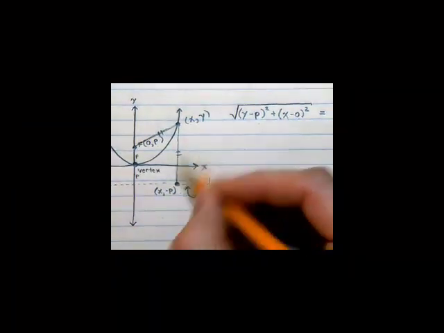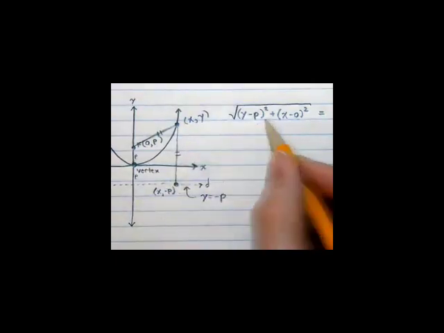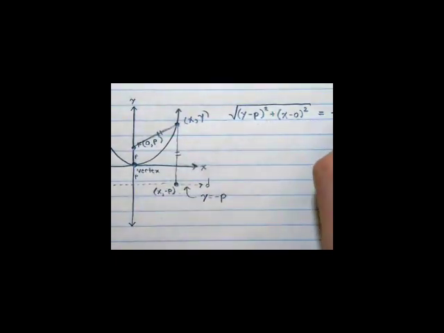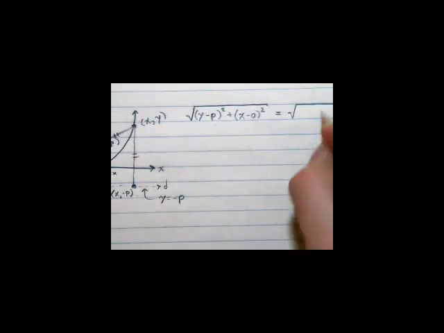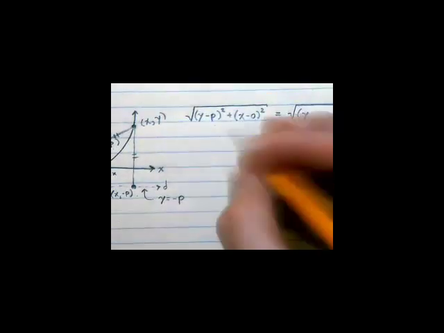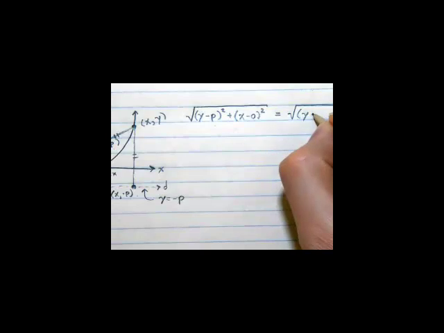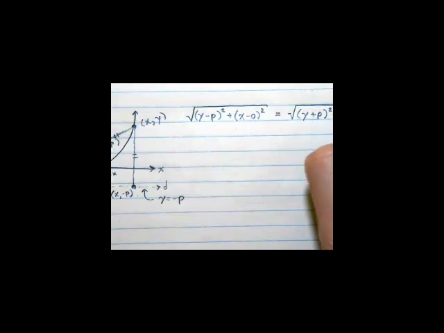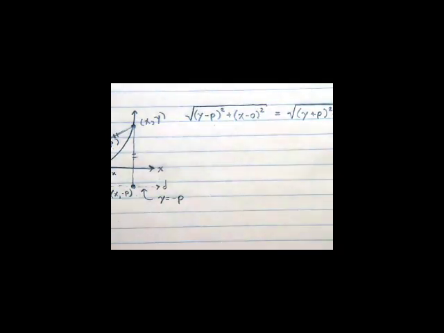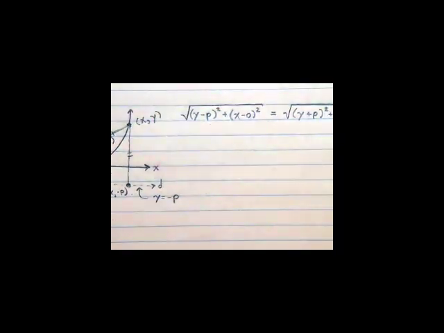So now I'm going to do another distance formula with these two. Okay, so this should be equal to the distance, which would be, let's see, y minus negative p, so y plus p squared plus x minus x squared. And now we're going to simplify it. And when we're done, we're going to have an equation for a parabola that we're going to use. Okay?